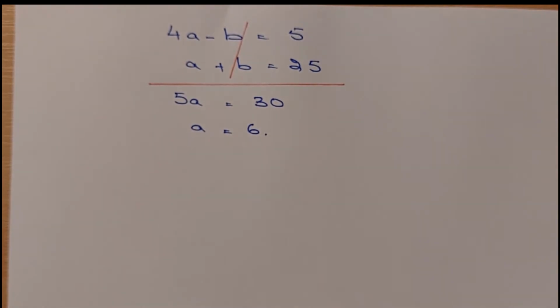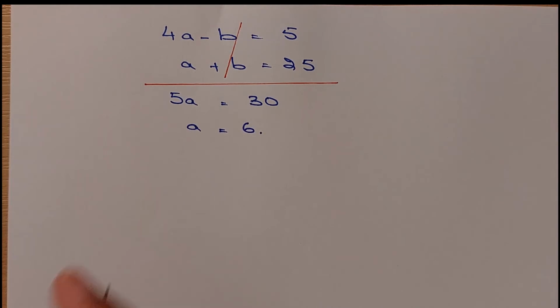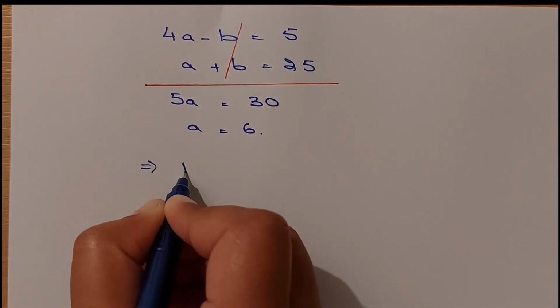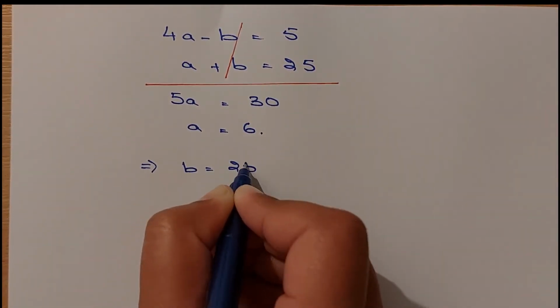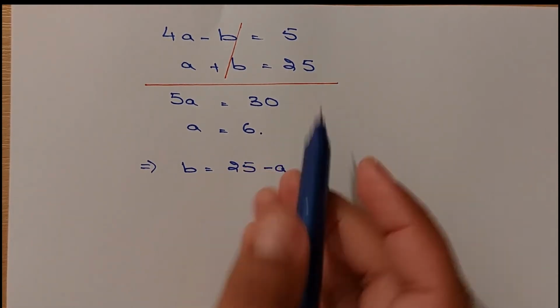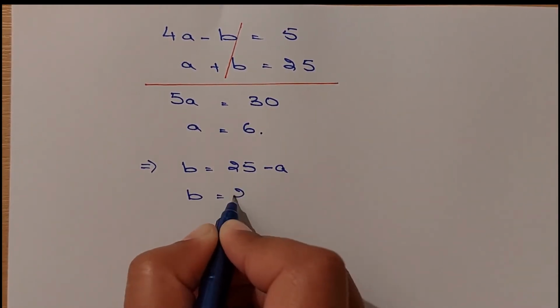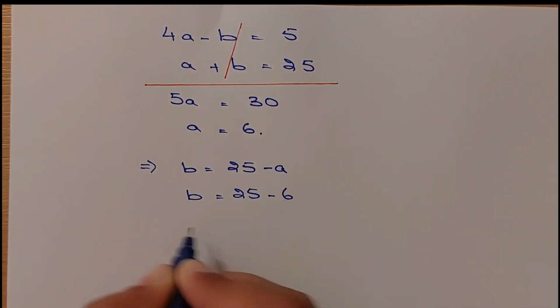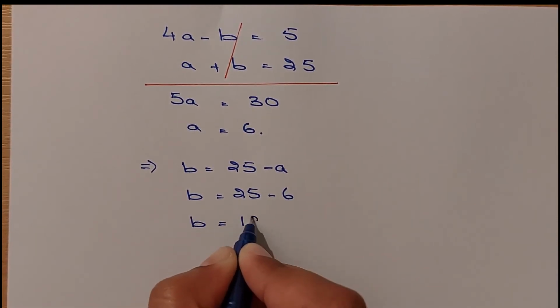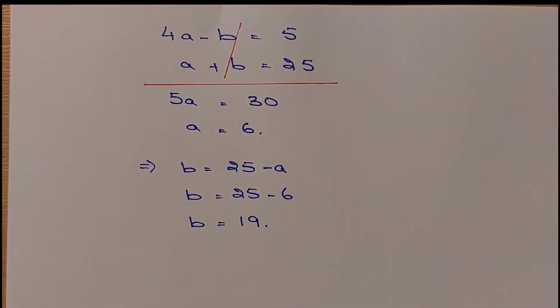Substituting the a value into the first or second equation, we will get the b value. So here the b value is 25 minus a. I'm putting in the second one. So here b is 25 minus 6. So 25 take away 6 is 19. The b value is 19 and a equals 6.